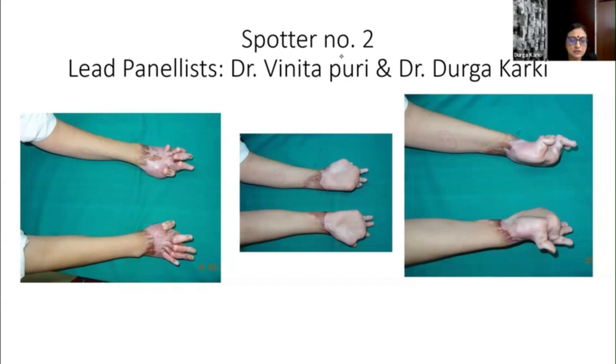What all grips are there? You can see what are absent or compromised. Grasp, pincer grasp and key pinch, precision pinch. Yeah, these are important. Then any other examination? Team 1: Skin, joints, sensations.